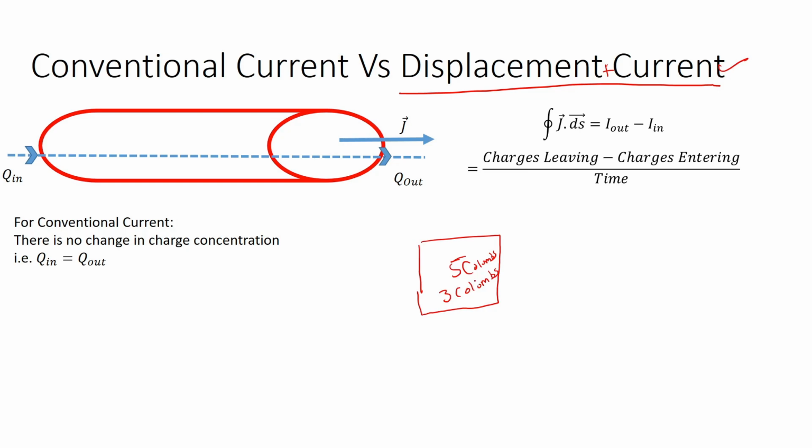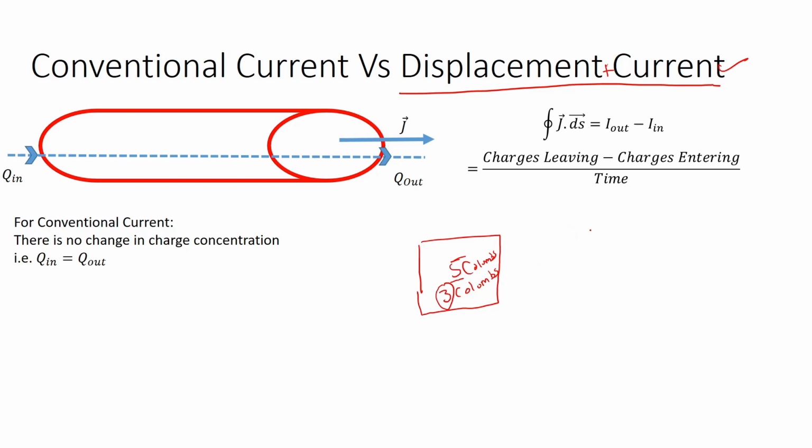We are not bothered about the reason, but we just know that earlier there were 5 coulombs of charge, but right now there are only 3 coulombs. So that means charges have left the surface. How much charge has left? 2 coulombs of charge have left the surface.